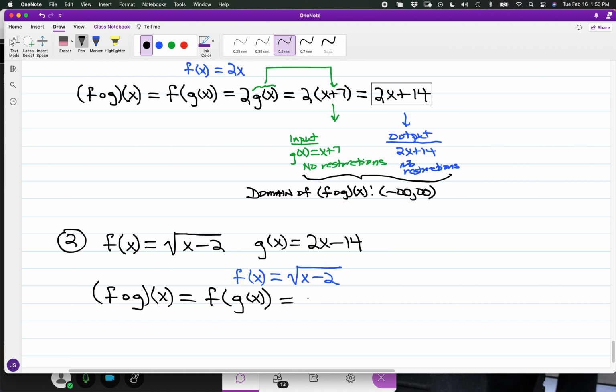And again, with the input of g of x, you have the square root of g of x minus 2.